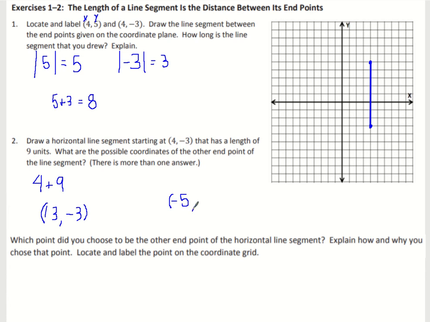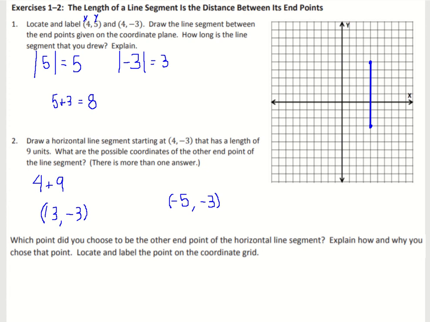And then once again, my y-coordinate does not change. It's going to stay as a -3. So these are the two possible coordinates. And again, since it tells us that we are looking for a horizontal line segment, we can't go up or down. That would make it a vertical line segment. So we can only go across, left or right.